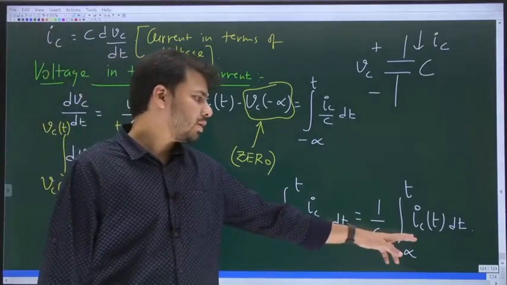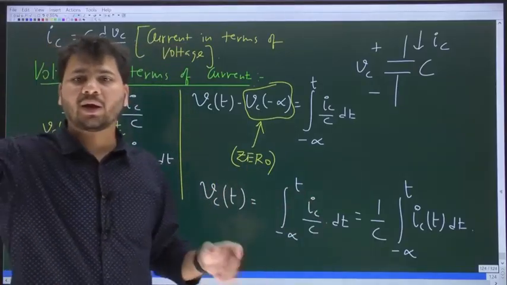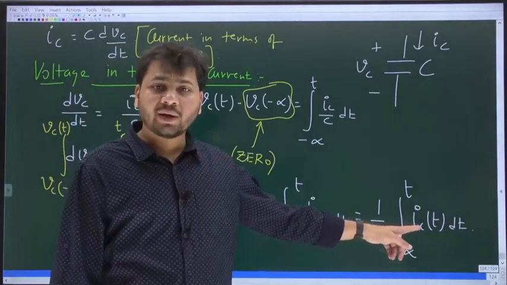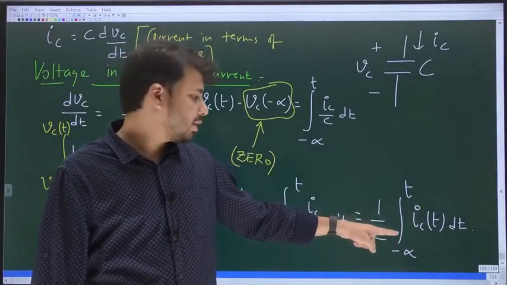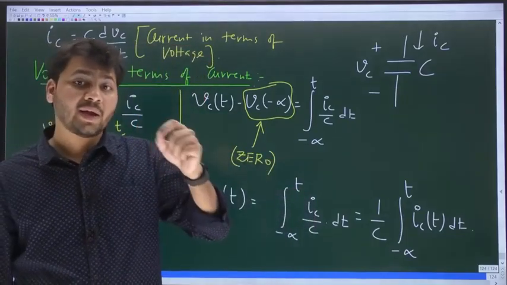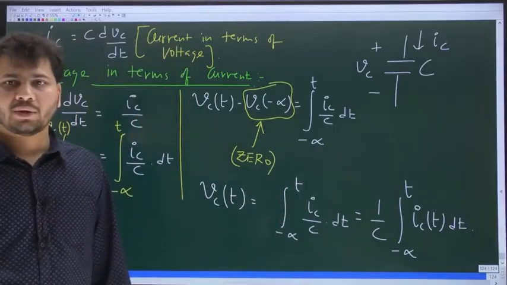Look at the limits of the integral, minus infinity up to t. That means if you have the current waveform, you should integrate it from minus infinity up to the present instant.